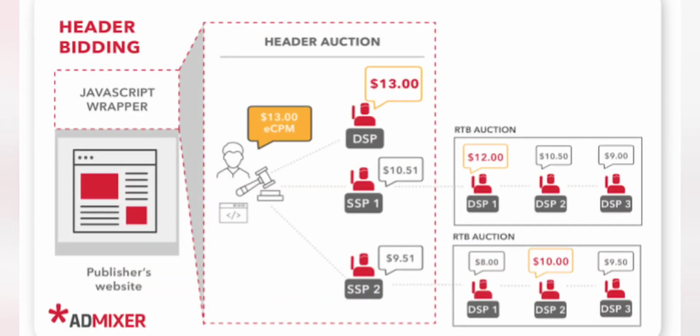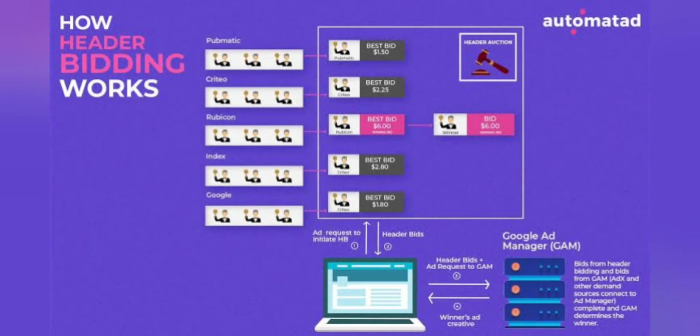7. Use header bidding. Header bidding is a programmatic advertising technique that allows you to offer your ad space to multiple ad networks, which then bid for the opportunity to place an ad in your content. Allowing ad exchanges to compete for advertisement placements is an effective way to maximize your advertising revenue.